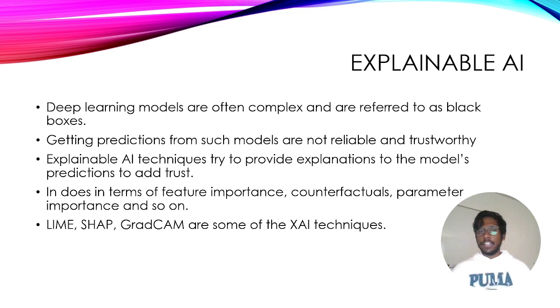We went through the ImageNet database, and then finally we came up with some solutions to the challenges, where we saw the regularization techniques, the online GPUs, and finally model explainability or model interpretability using explainable AI. So with this, we have come to a conclusion of the deep learning masterclass.